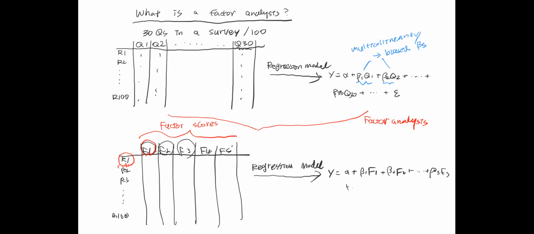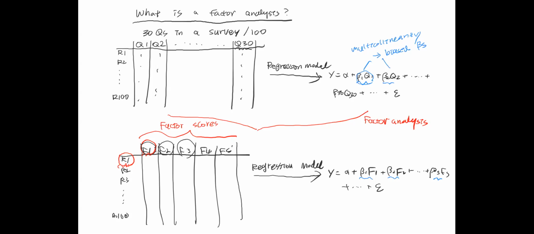You might have another term here, the error term. So our new model looks like this if you plug in the result from the factor analysis into this regression model. So now your X variables here are the F factors instead of the items from up here, right?